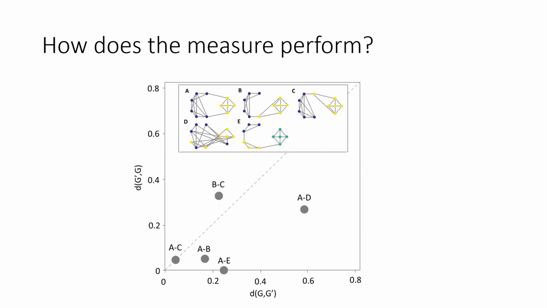Also, D doesn't really have a modular structure, so we can very easily see that A and D lie quite far. It has a high distance in both dimensions.